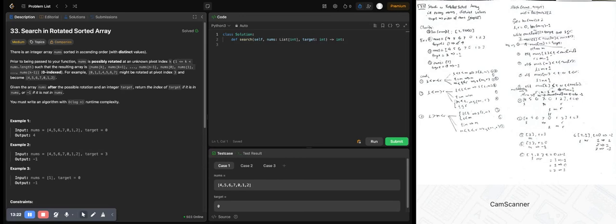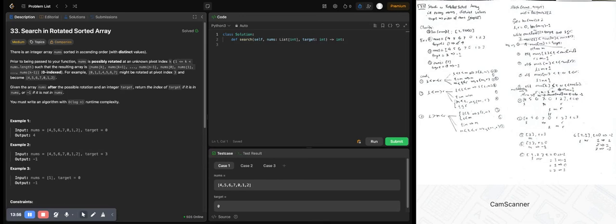Then we go to search the left to mid. If the target equals mid, then we return mid. If the target is between mid and the right, then we search the mid to right. Okay.